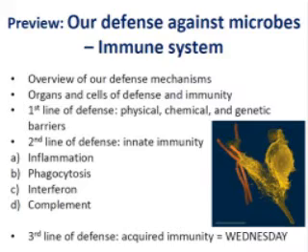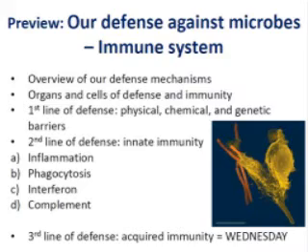But today we're just going to look at the first line, the different physical, chemical, and genetic barriers, like saliva or the skin as a physical one, and then the second line. There you have those processes. You have inflammation. What does it mean if you have an inflamed area on your body?